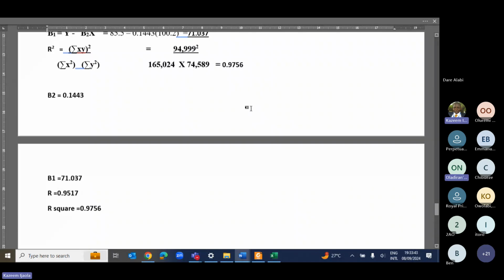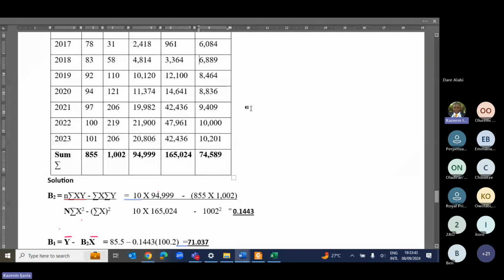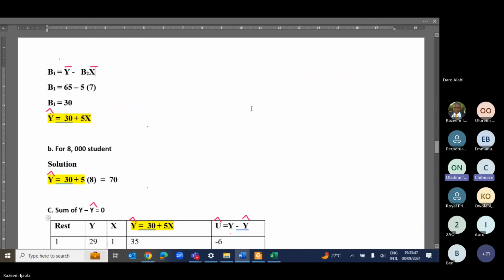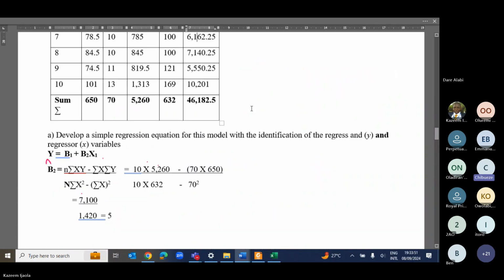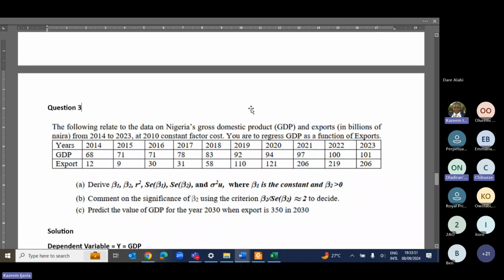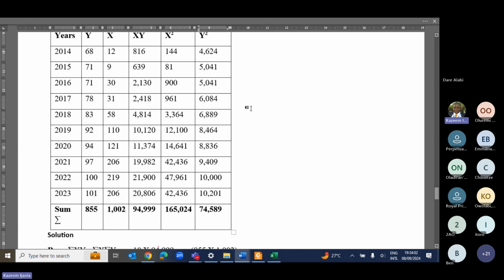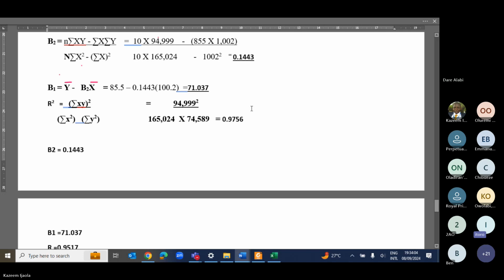That's the same thing that I got. Check the denominator on the formula, I think that's where we are missing it. Summation x square is 165,024. Summation y square is 74,589.